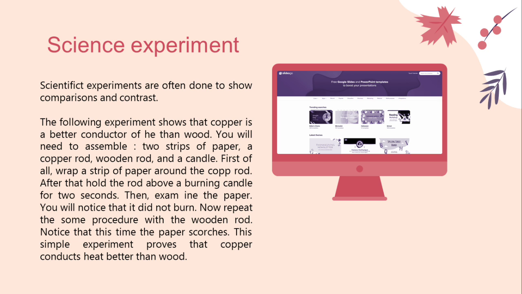After that, hold the rod above a burning candle for 2 seconds. Then, examine the paper. You will notice that it did not burn. Now, repeat the same procedure with the wooden rod. Notice that this time the paper scorches. This simple experiment proves that copper conducts heat better than wood.